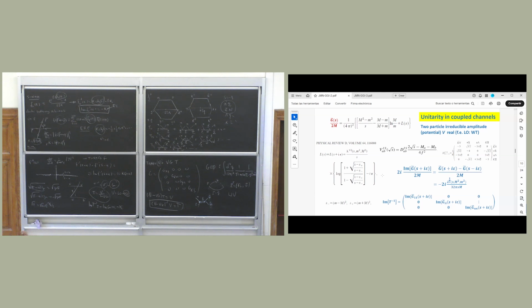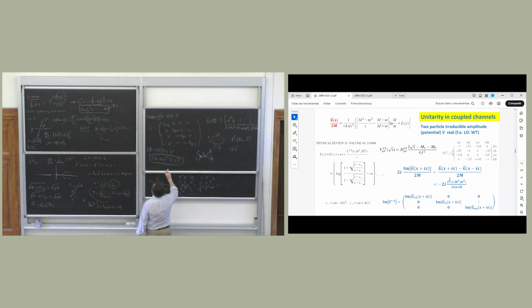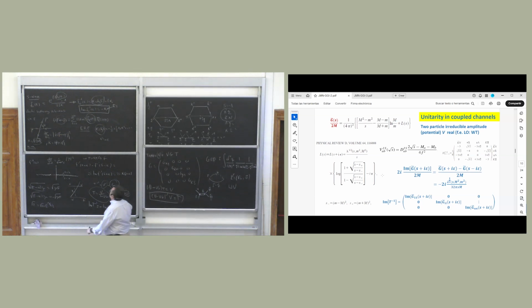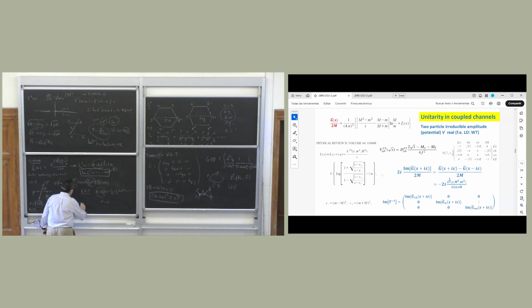You know that in relativistic kinematics, the momentum is lambda to the 1/2 divided by twice the square root of s, and lambda is the Källén function, right? So the momentum in relativistic kinematics in the center of mass frame is 1 over twice square root of s, lambda 1/2 of s, m_a squared and m_b squared.